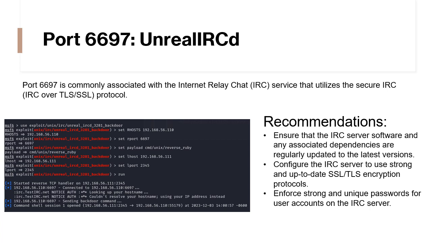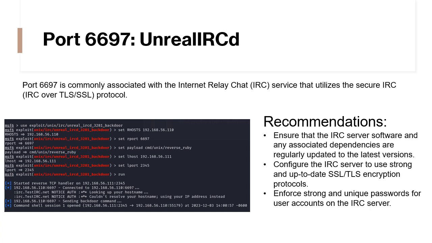So the second one is port 6697. Port 6697 is commonly associated with Internet Relay Chat service that utilizes the secure IRC protocol. And we can use this script to set the host and the port to build a connection with the target machine.